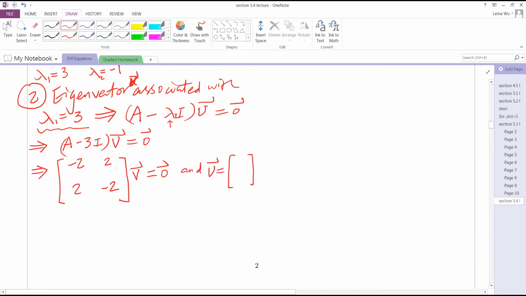And this vector v should be 2 by 1, because matrix A is 2 by 2, so vector v should have 2 components. Let's just call them a, b. So we have -2, 2, 2, -2 times the column vector a, b equals the 0 vector, 0, 0.